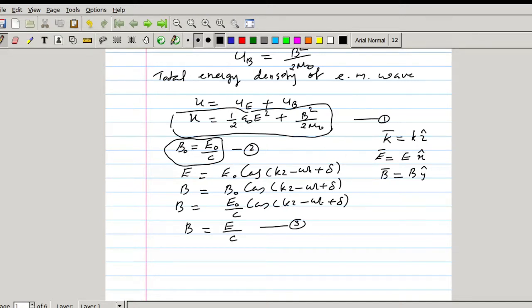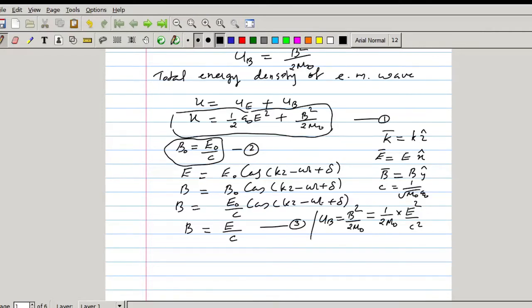Substituting this value of B here, the magnetic energy density UB equal to B square by 2 mu 0 equals 1 by 2 mu 0 into E square by C square. What is C? C equal to 1 by root of mu 0 epsilon 0.